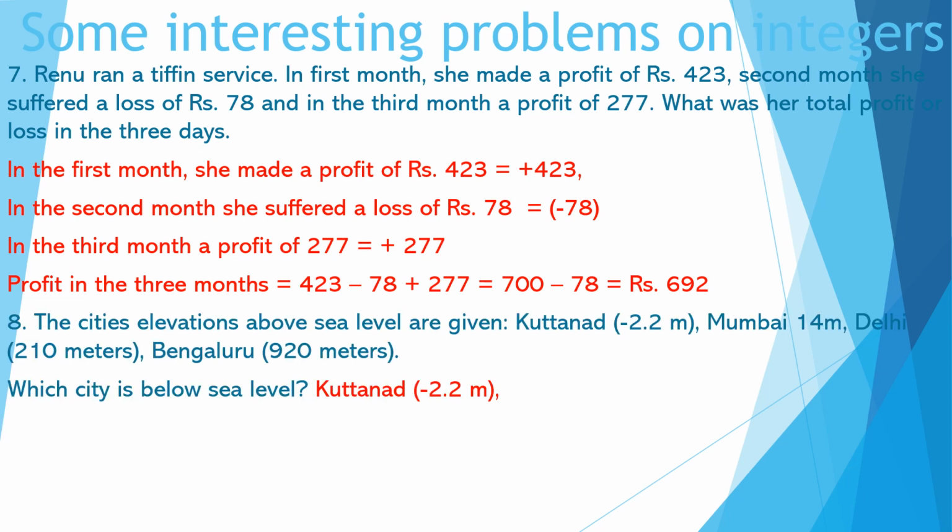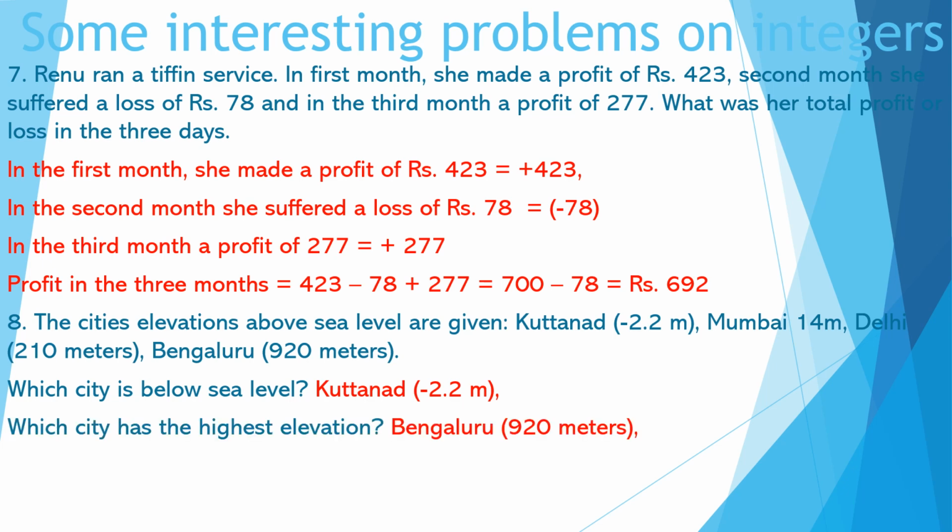The cities' elevations above sea level are given. Kuttanad minus 2.2 meters, Mumbai 14 meters, Delhi 210 meters, Bangalore 920 meters. Which city is below sea level? Kuttanad, minus 2.2 meters. It is in Kerala and is also called the rice bowl.